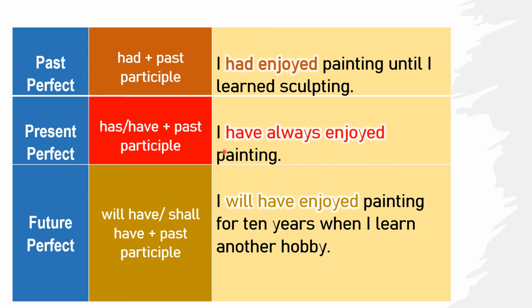So I have always enjoyed painting. For future perfect, we are going to use will have or shall have plus the past participle of the verb. I will have enjoyed painting for 10 years when I learn another hobby.